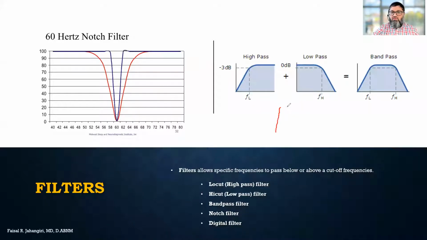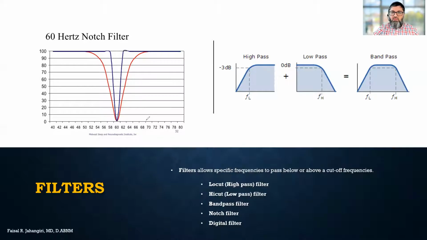If this is the signal and you turn on the notch filter, there might be a shift in the phase of that signal, and that will look like a delay in the signal. That's one of the reasons you don't use 60 hertz or 50 hertz notch filters. The newer filters are known as zero phase shift notch filters, which will not cause any phase shift.